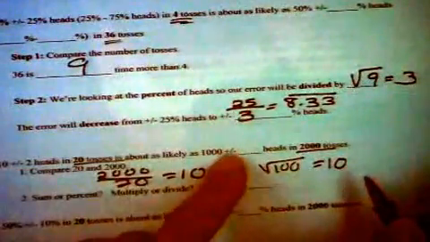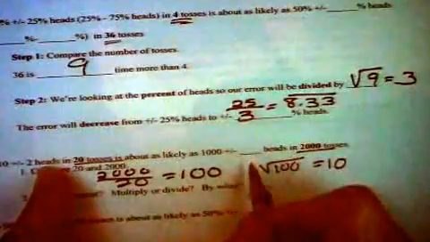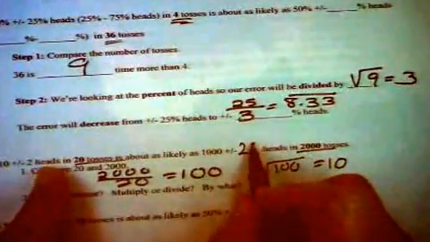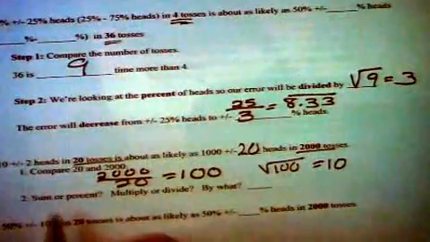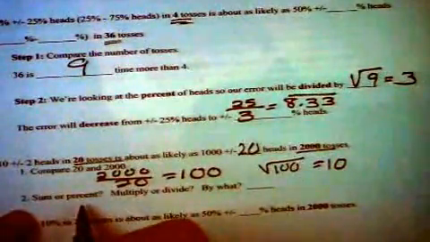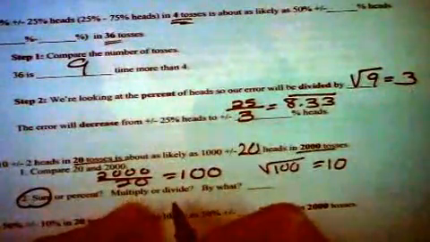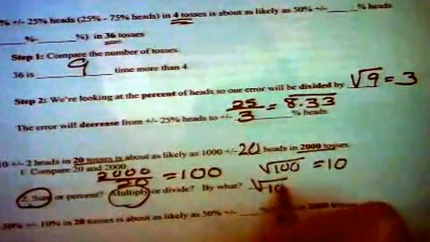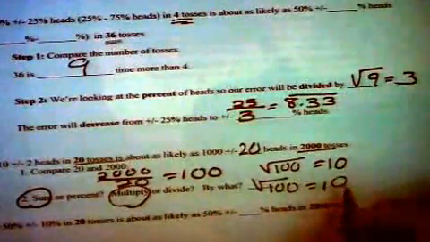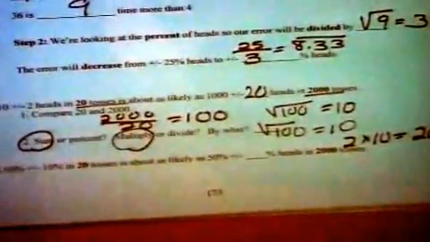So you're going to multiply 2 by what? 10. So you'll get 20 here. Oh, I should have looked at my directions. Sum or percent? It's sum. Multiply or divide? Multiply. By what? By the square root of 100, which is 10. So you say 2 times 10 equals 20. Sorry, I just did that in my head.